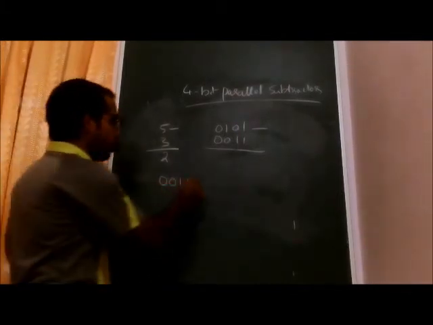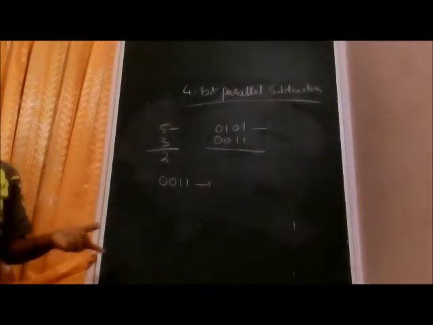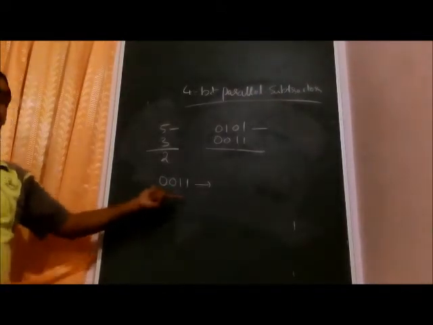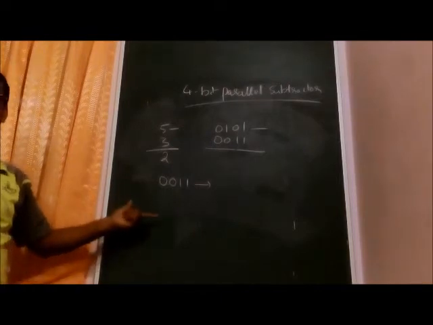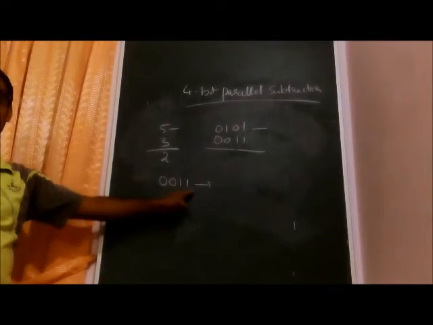For taking the 2s complement, we take the 1s complement first and add 1 to the least significant bit. The 1s complement means we convert all zeros to 1s and 1s to zeros.